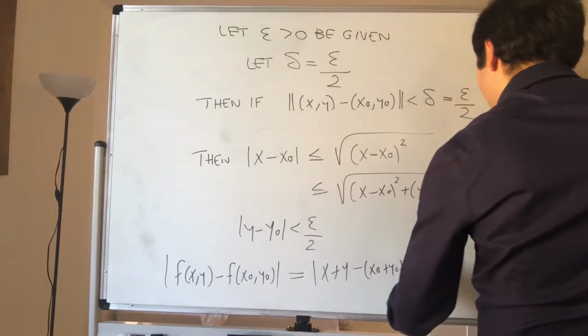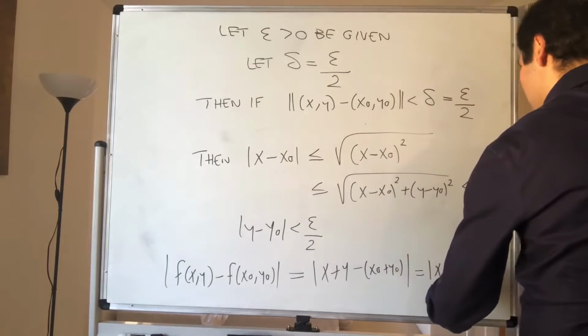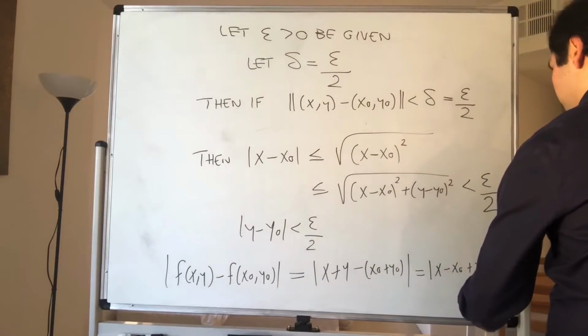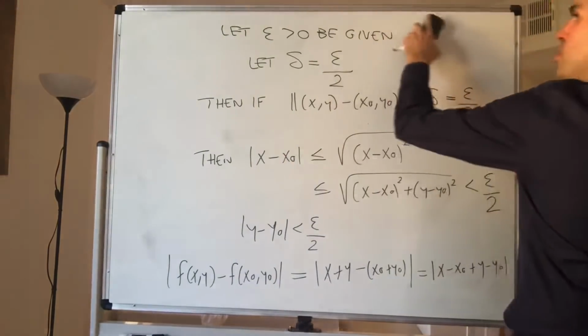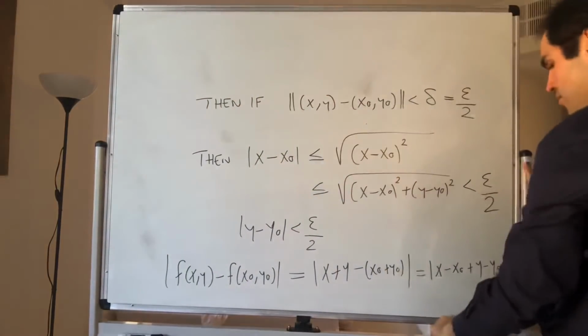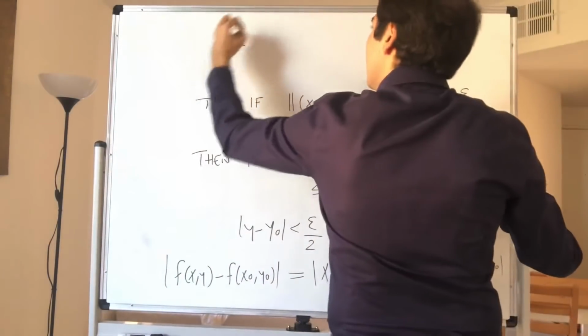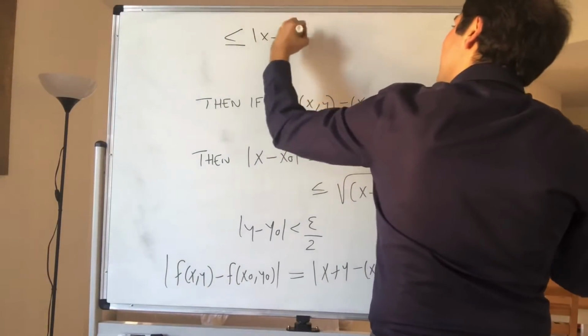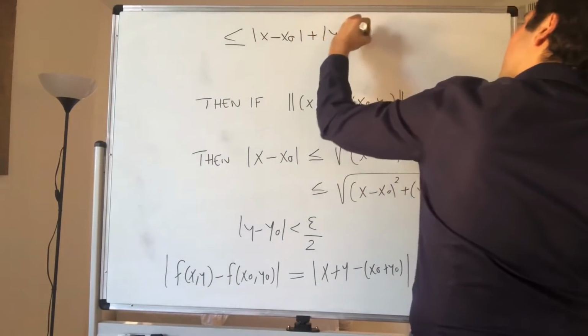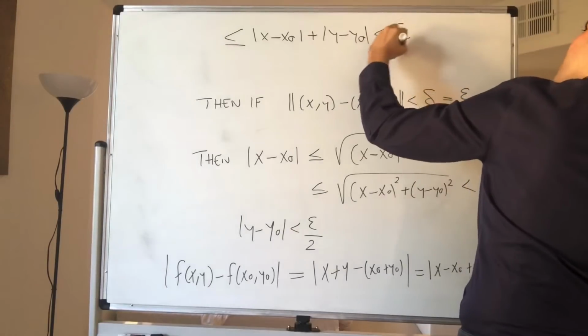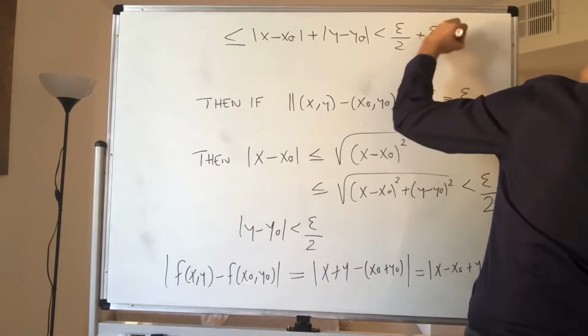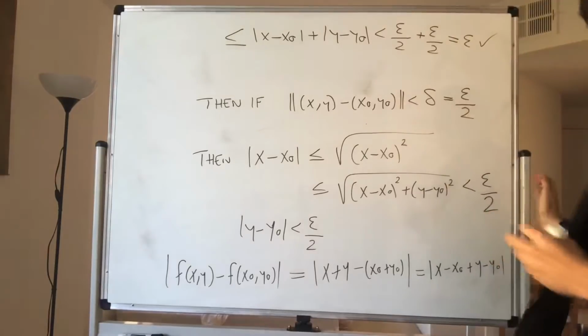But then you can just write this as (x minus x0) plus (y minus y0). And then you can just use the triangle inequality. So that's less than or equal to |x minus x0| plus |y minus y0|, but that is less than epsilon over 2 plus epsilon over 2, and that's epsilon.